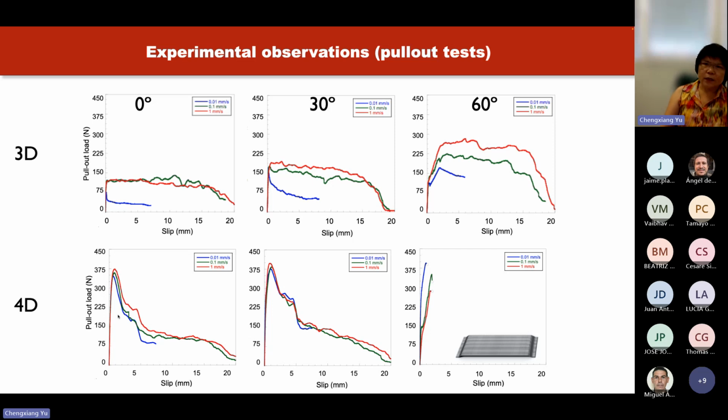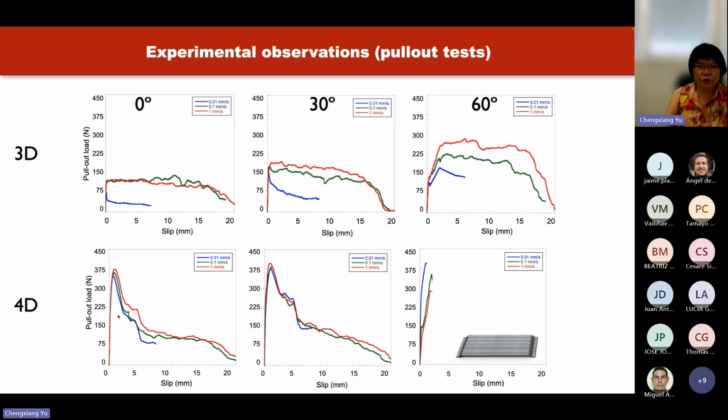So these are the experimental results for 3D fibers and 4D fibers. On the top row we have 0 degrees, 30 degrees, 60 degrees for 3D fibers, and on the bottom we have the same inclination angles for 4D fibers.